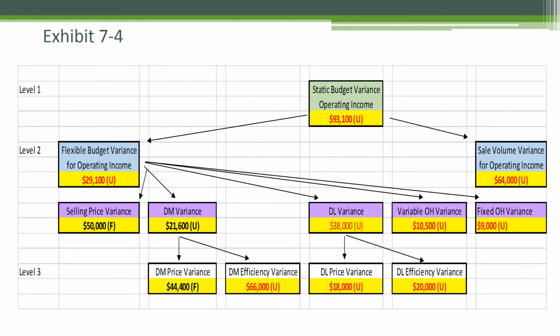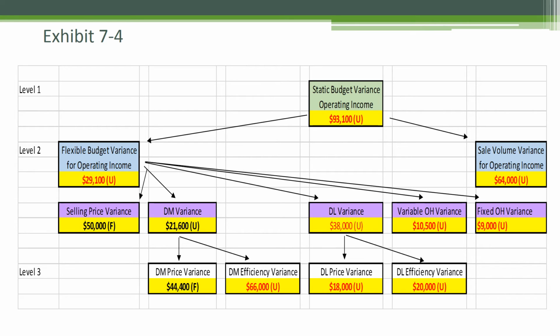Meanwhile, over on the left, our flexible budget variance was $29,100 unfavorable. And we were able to break that down a little bit further within level 2 to come up with a selling price variance, which was the difference between what we budgeted to sell the jacket at and what we actually sold the jacket at.